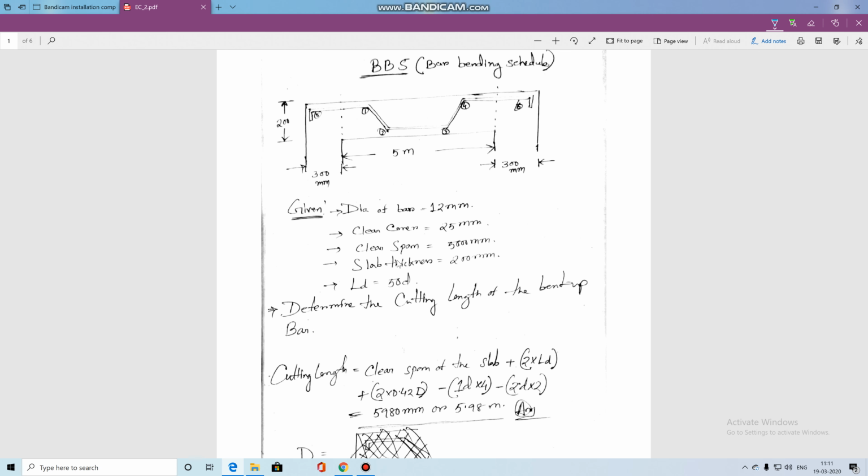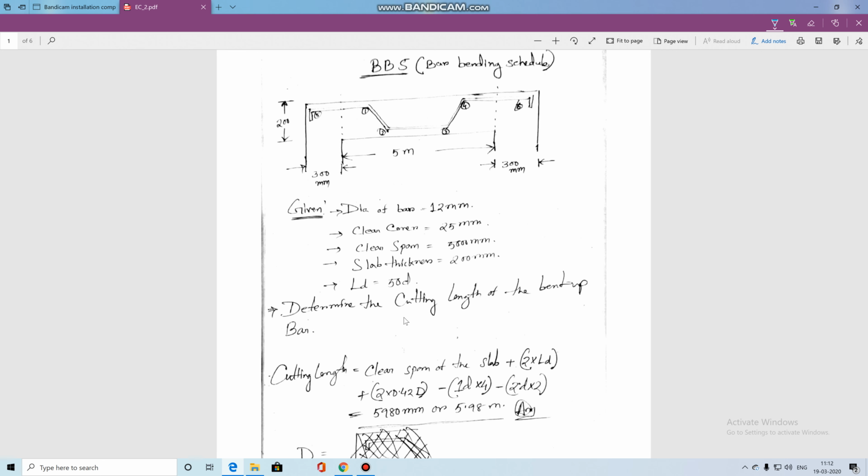It depends on the grade of the concrete and the grade of the steel. As per IS 456, the Indian Standard Code, you can calculate the value of LD from those data. Here it is given as per the structural consultant as 50d. Small d is the diameter of the bar.